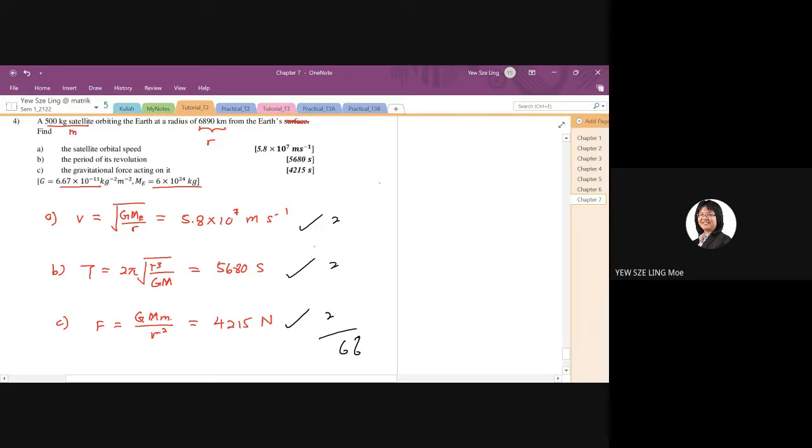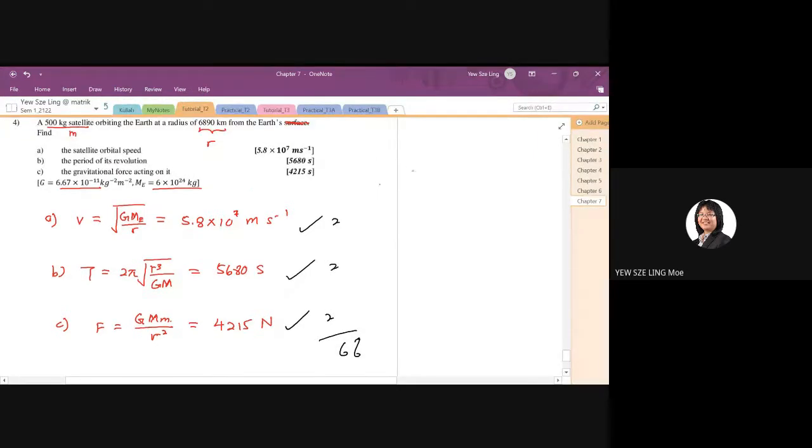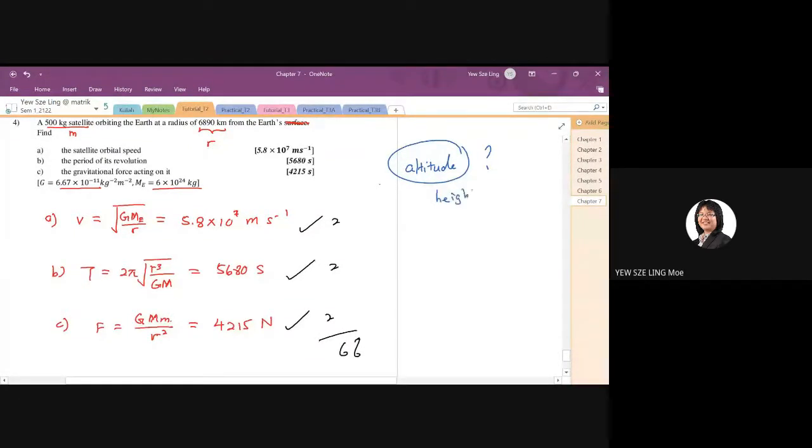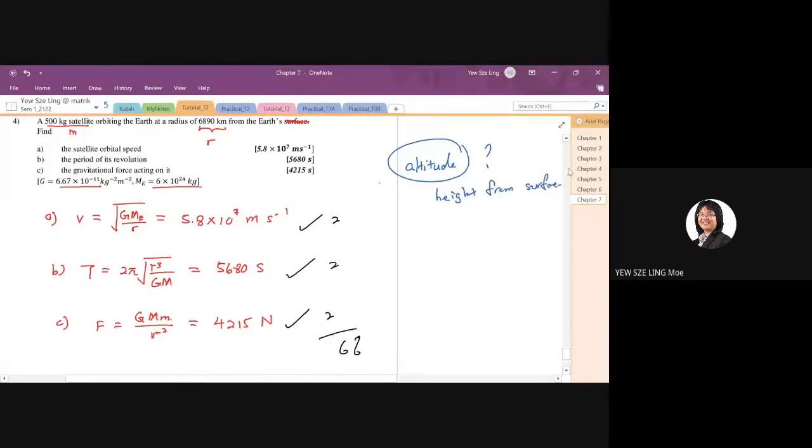Now, another term that you will see in the exam, in the past year questions, is altitude. What does altitude mean? It means the height from the surface. This term came out in a past year exam, I think 2 years ago. Almost 50% of the candidates didn't understand this term.